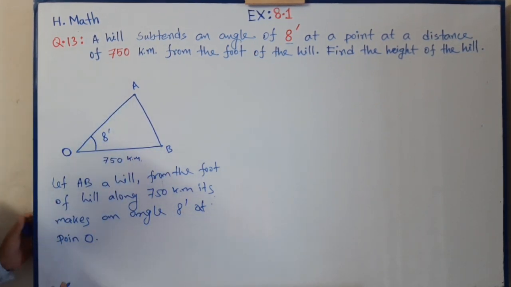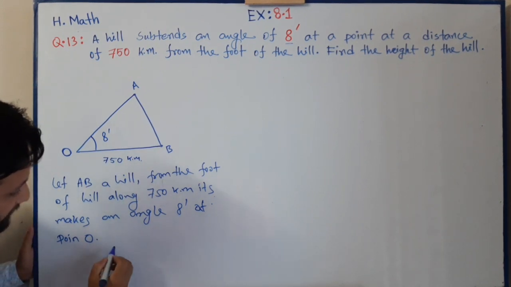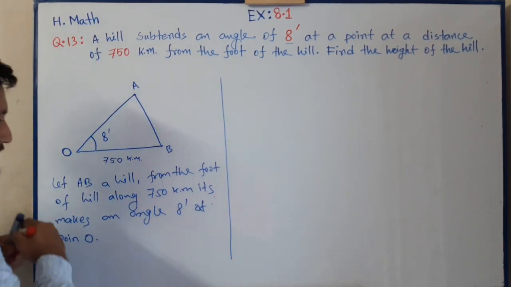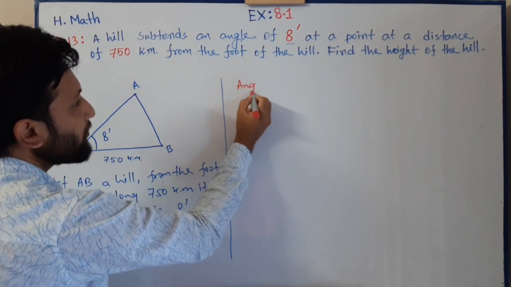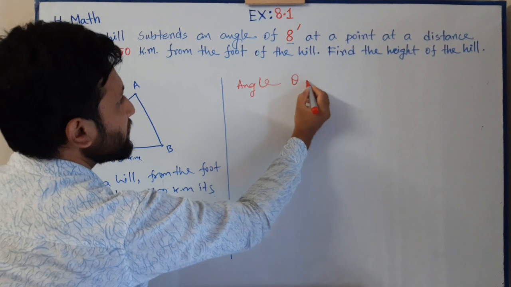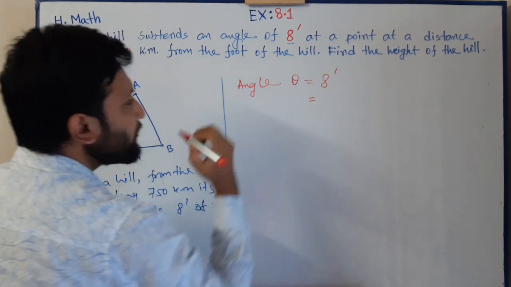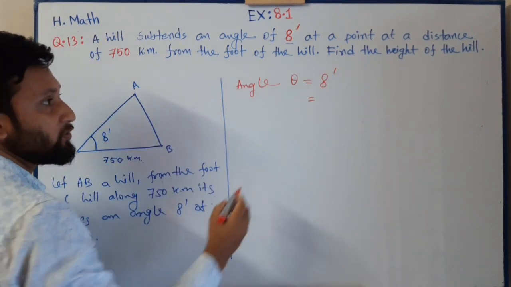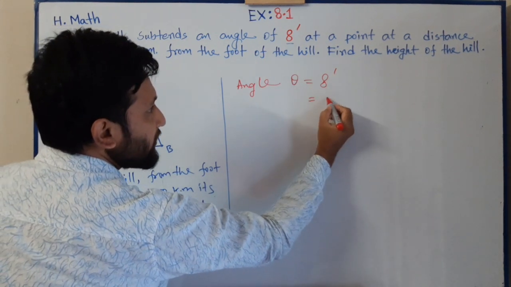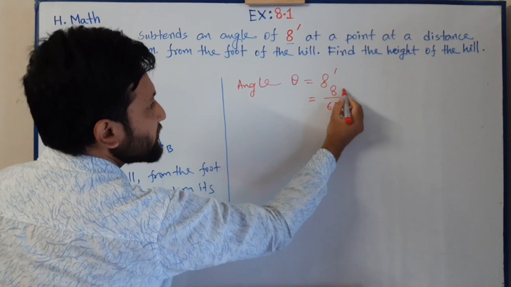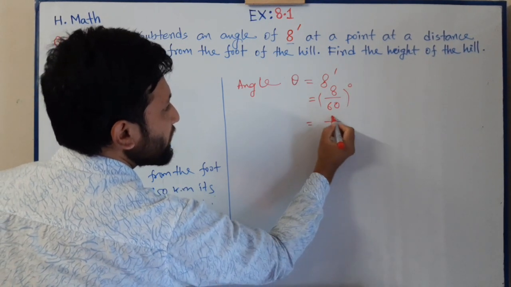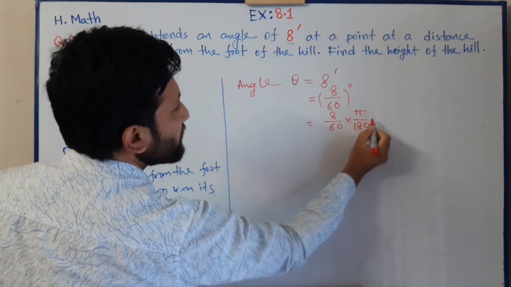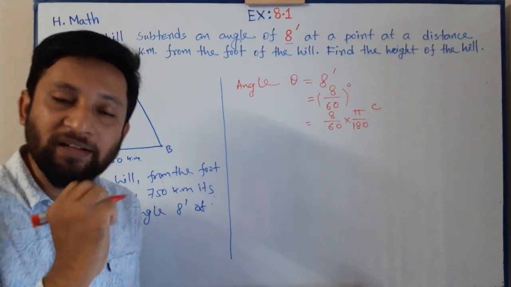Here the angle theta is 8 minutes. In the circular system the angle must be in radian unit, so we convert it to radian: 8 divided by 60 degree, then 8 by 60 into pi by 180 radian, since 1 degree equals pi by 180 radian.